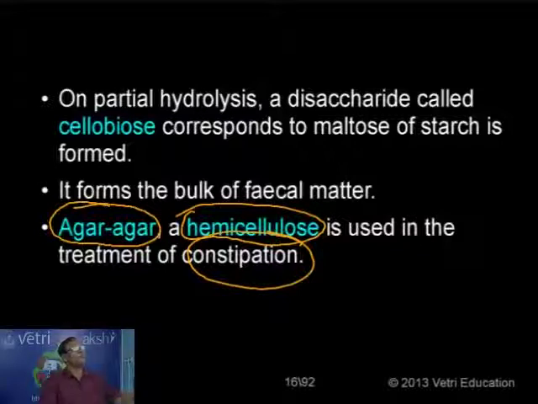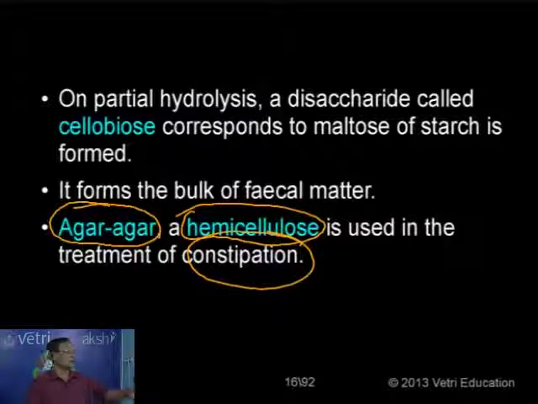In what way is hemicellulose different from cellulosic material? Cellulose is purely made up of glucose, whereas hemicellulose is made up of not only glucose but also galactose, xylose, arabinose, ribulose, mannose, etc. So it is formed of different types of sugars.